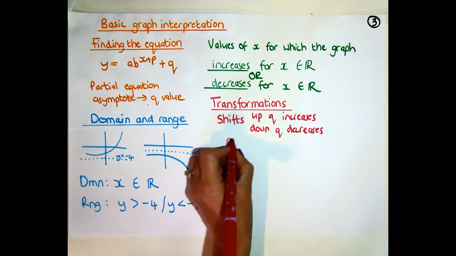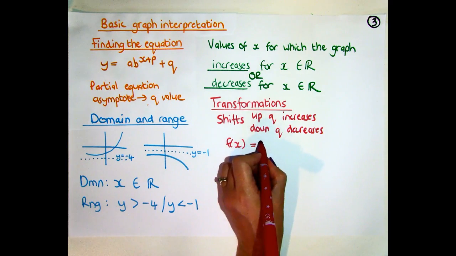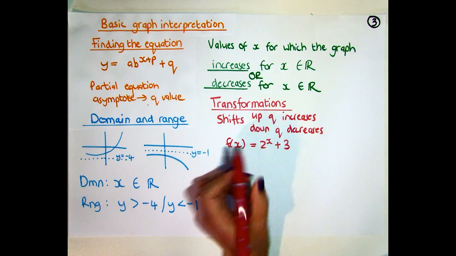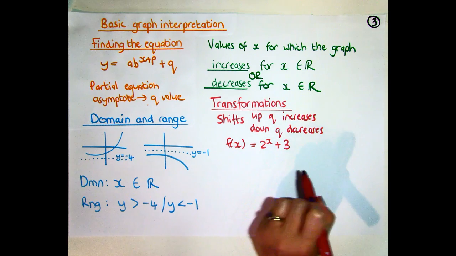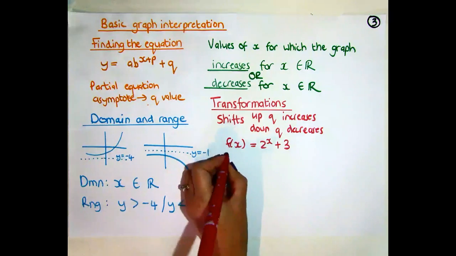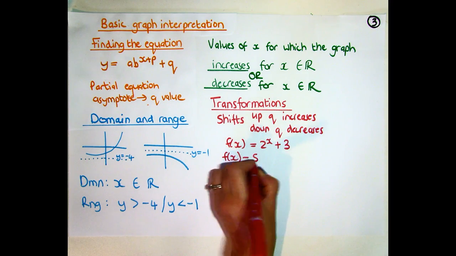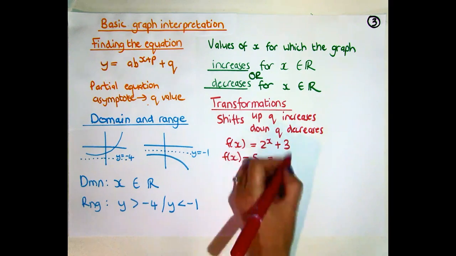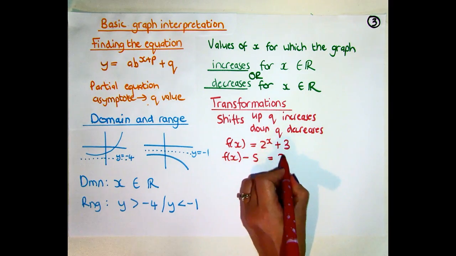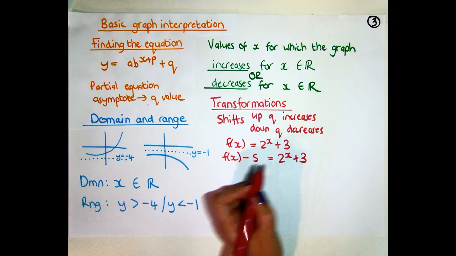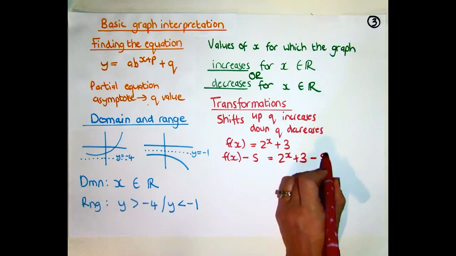If, for example, we have f of x equals 2 to the x plus 3, and then we are going to shift the whole graph down by 5, then you're going to take the whole graph, the f of x as it is, 2 to the x plus 3, and then you're going to subtract 5 on the end.